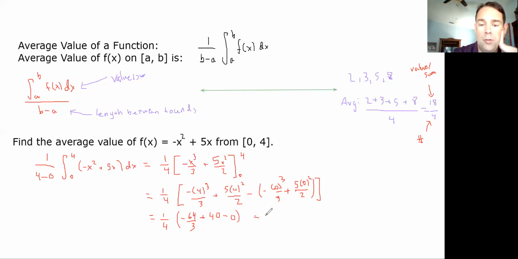So that ends up being 56 over 3. And last and certainly least here, friends, we end up with 4 goes into there 14 times, so 14/3. So the average value of any number from 0 to 4 would be 14/3.